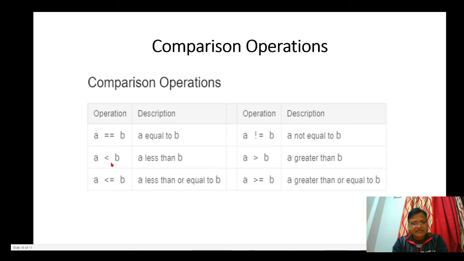That is the a less than b, a less than equal to b symbol, then a not equal to b we will use if we are comparing whether a is not equal to b or a equal to b, that is the symbol for a greater than b, and finally a greater than equal to b. So these are the six different types of comparison or relational operators we will use in Python.